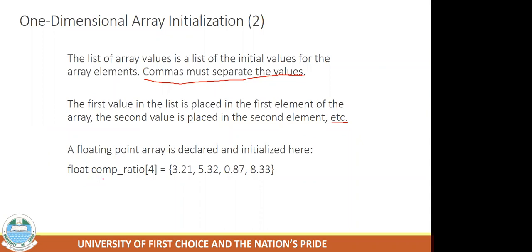So let's look at this. We declare a variable called comp_ratio. And how many elements are we declaring? 4, right?